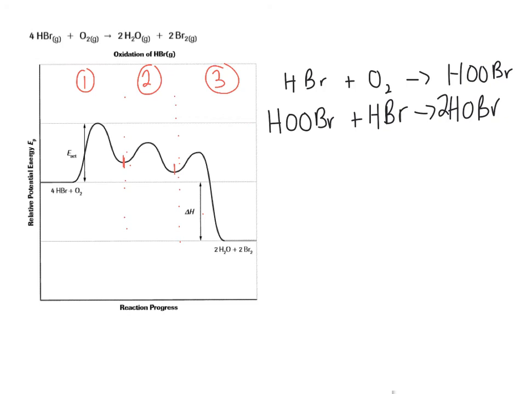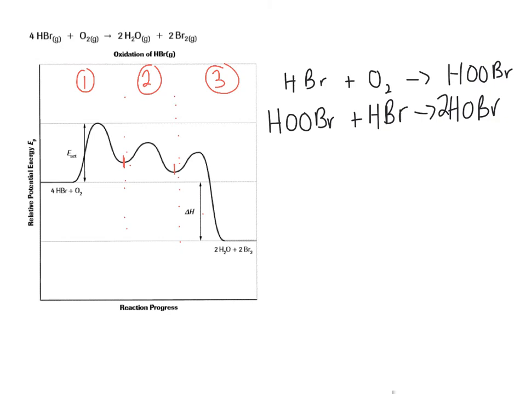Now, we've gotten rid of HOOBr by having it as a reaction intermediate. Now we've produced 2 HOBr, so we need to get rid of both of them. And we need 2 more molecules of HBr.